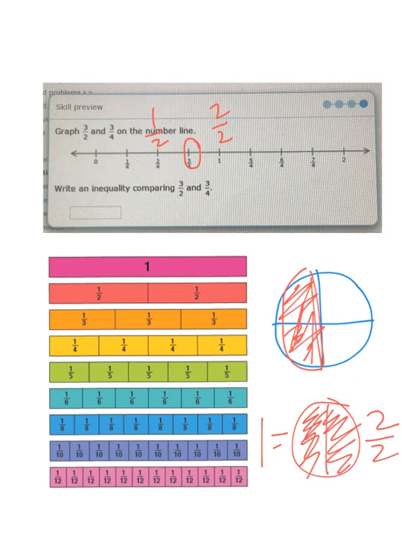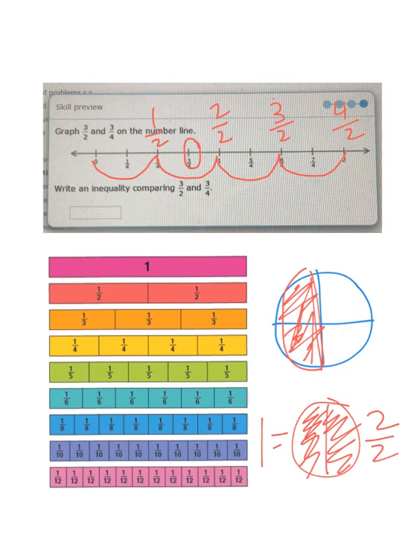And then here, we have 2, so that would be 2 whole. 2 whole would be 4 pieces colored in over 2. So in the middle here, where it's just adding another half before we get to 2 whole, it would be 3/2. So 0 to half, 2/2, 3/2, 4/2.